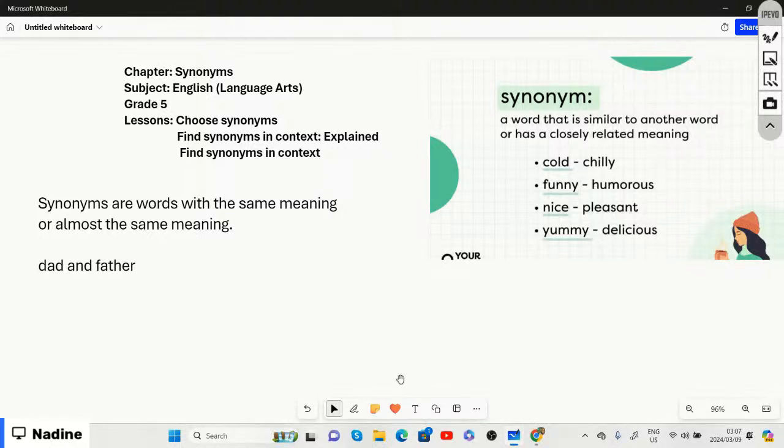All right. So basically, a synonym, right? Synonyms are words with the same meaning, or words with almost the same meaning.